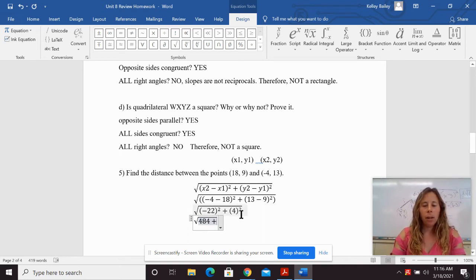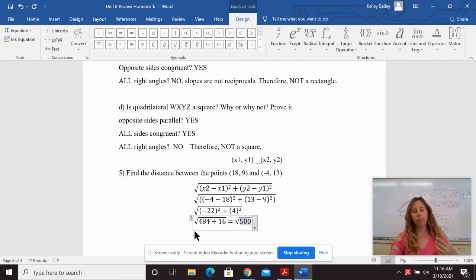Plus 4 squared is 16. Then we just add those together. So 484 plus 16 is equal to 500. So the distance between these 2 points is the square root of 500.